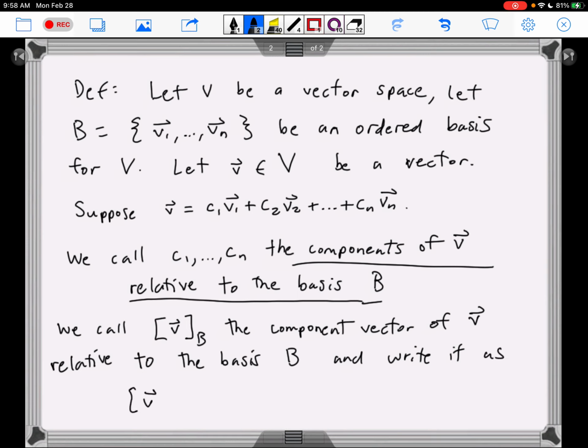So it's going to be V relative to B, C1 all the way to Cn. So you just write it like that.